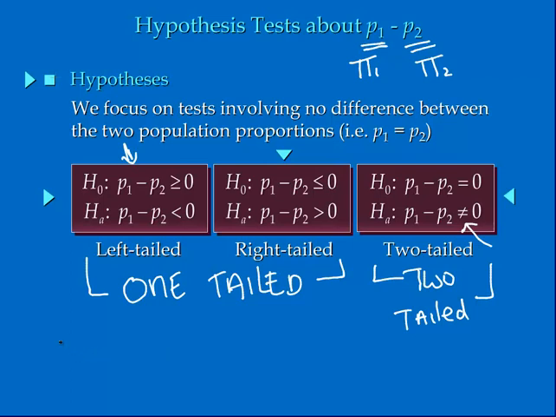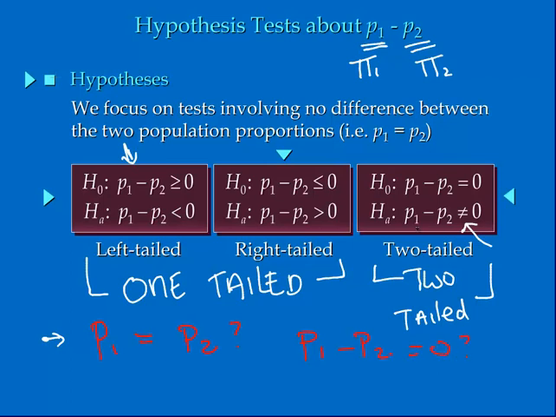Just a little bit of clarification of a few things. In general, this is what we're interested in, let's do this in red: P1 equal to P2, or P1 greater than or equal to P2. But in general, P1 equal to P2. Another way we can express this is P1 minus P2 is equal to 0.